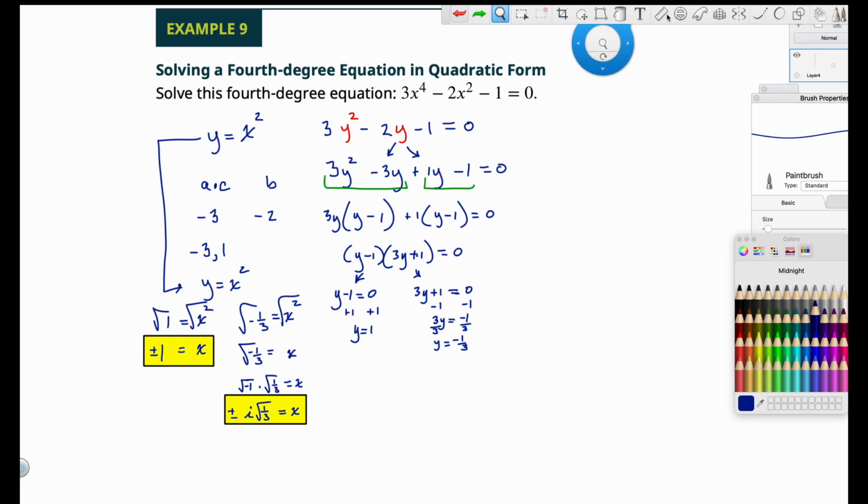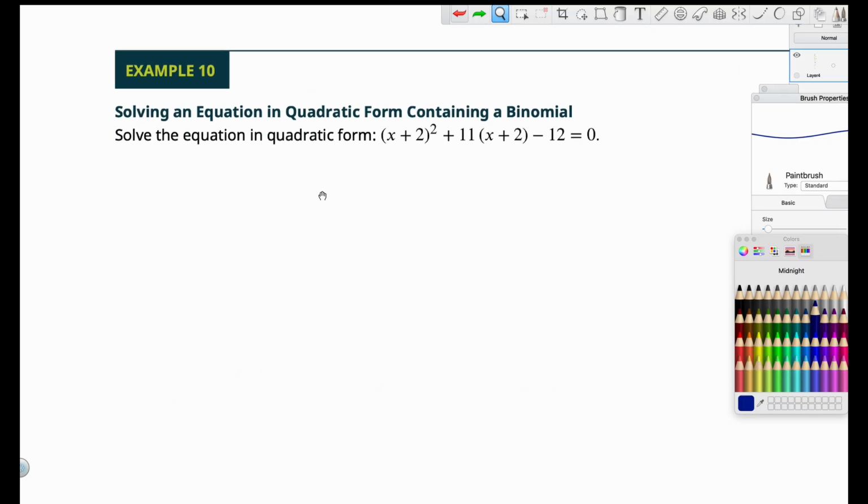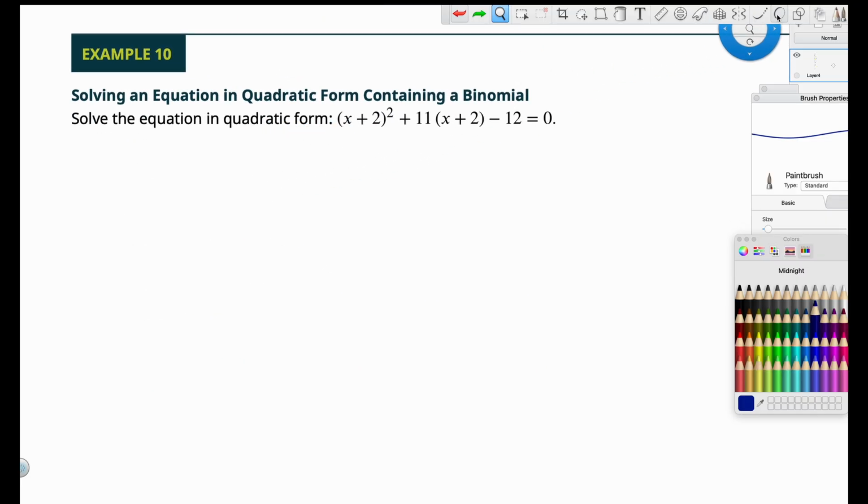This is simple substitution here to make it just a plain old quadratic. That was factorable. Let's use a similar idea here when we have a quadratic form containing a binomial. So here's the binomial, it's x plus 2, and we see it's x plus 2 quantity squared, and over here we have a binomial, just x plus 2.